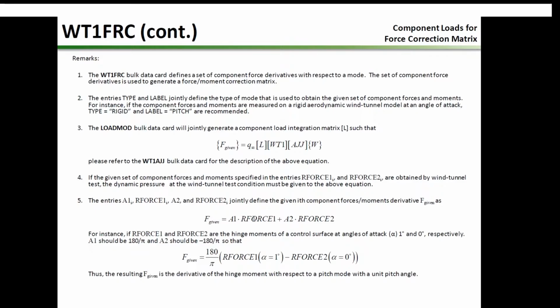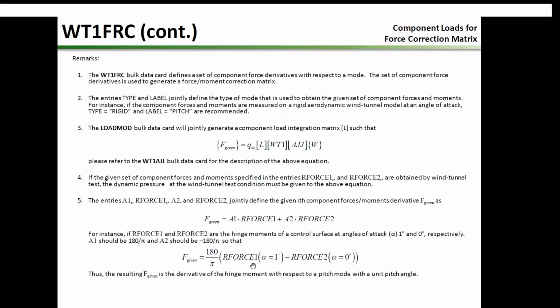So you give two sets of component loads, with A1, A2 at different conditions. Say you measure the wing root bending or the hinge moment of a control surface at angle of attack 1 degree and 0 degree.